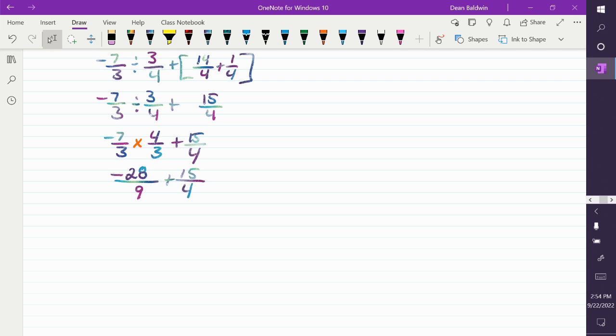Okay? So, how do I add fractions? Common denominator. Now, 4 and 9, it's not an easy number to see, but if you can't find a common denominator, what is an easy way to get one? Just multiply them by each other, right? So, if I just go times 9, and this one times 4, and you will need a calculator for this.